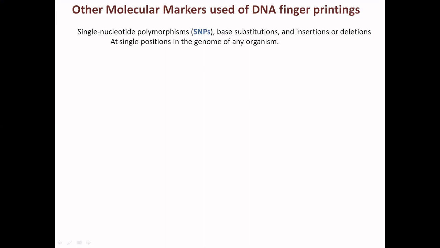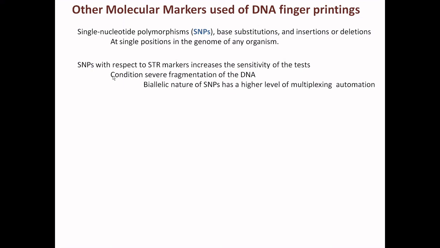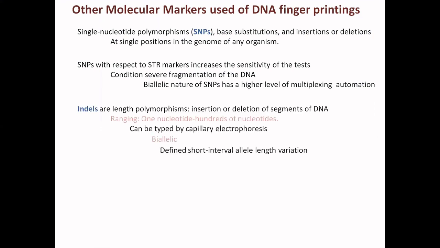And if there is any lacuna in the RFLP and the STRs or the minisatellites, those are filled by this type of DNA marker. So SNPs, with respect to the STR markers, increase the sensitivity of the test in conditions like severe fragmentation of the DNA. Then it is biallelic in nature. So it provides a higher level of multiplexing, so automation.